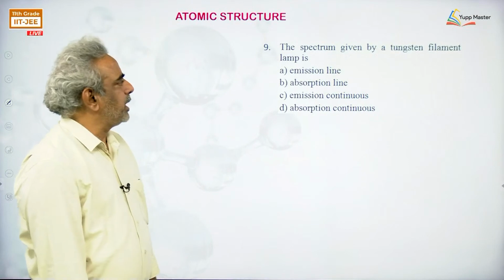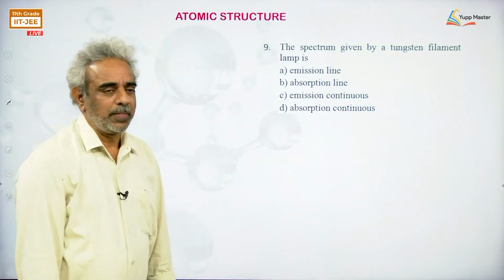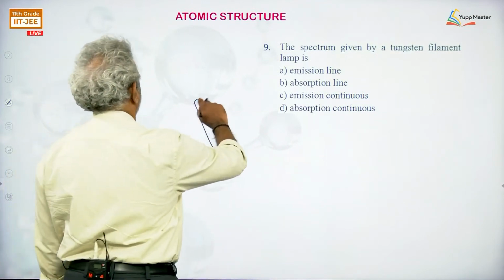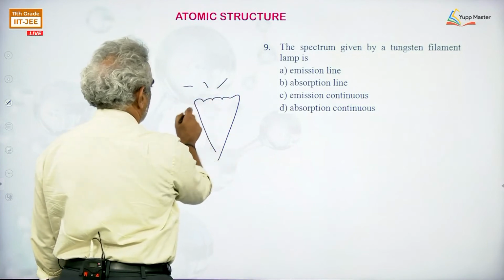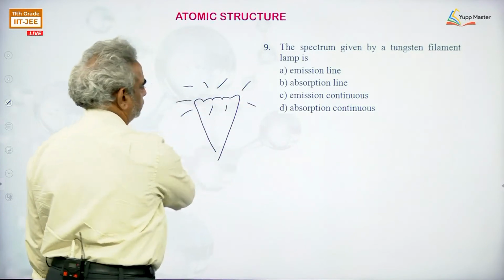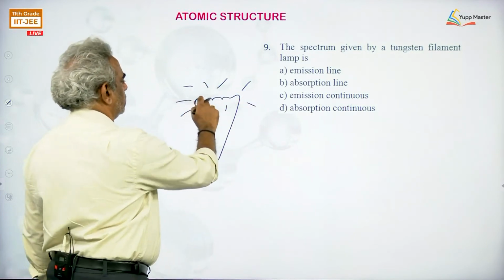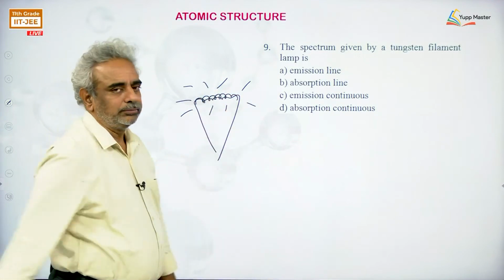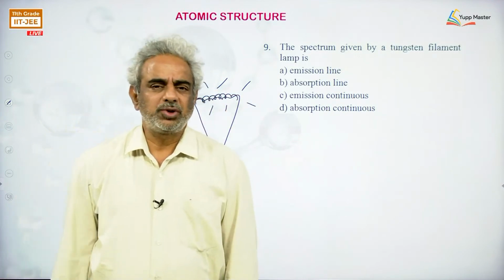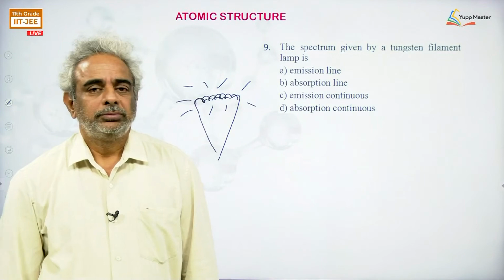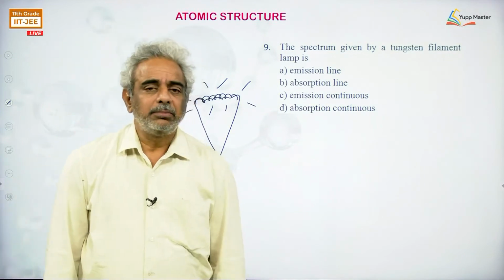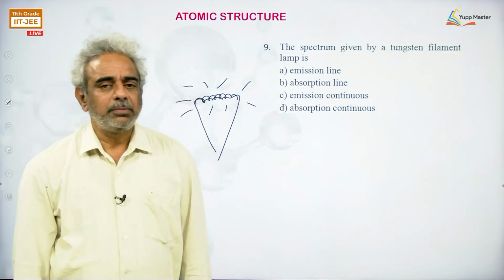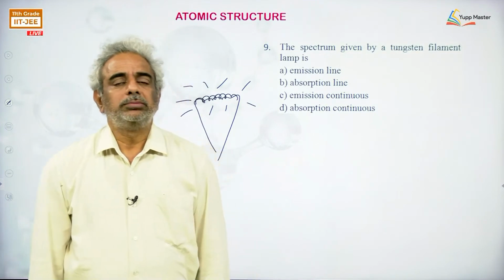The spectrum given by tungsten filament, a glowing filament. Filament is what? A spring-like metal, heated, superheated metal. What is a metal? Is it a single atom? Is it a gaseous atom? Is it a molecule?